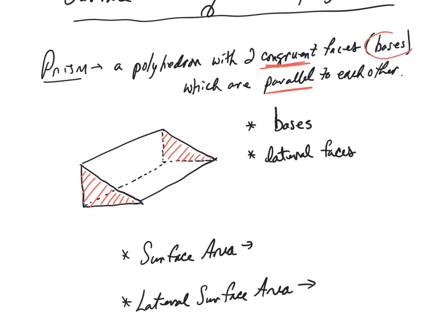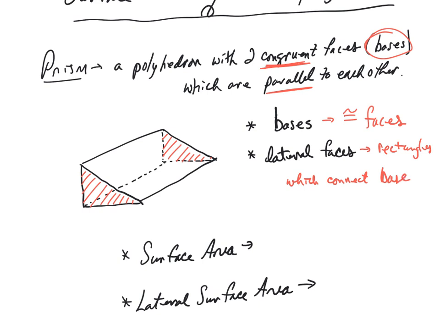Please notice I put that in parentheses here. The congruent faces are called bases. And I put an asterisk here for bases. I'm just going to remind everybody that the bases are the congruent faces, and the lateral faces are always going to be rectangles which connect the bases.